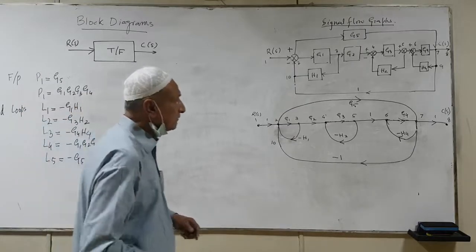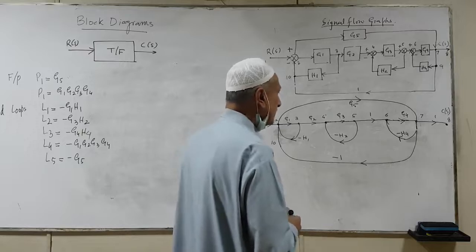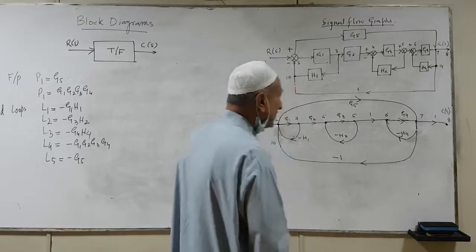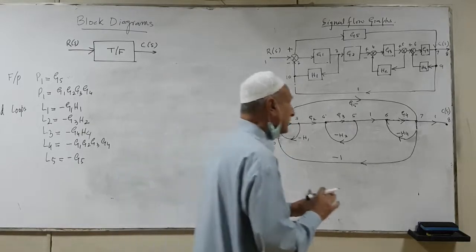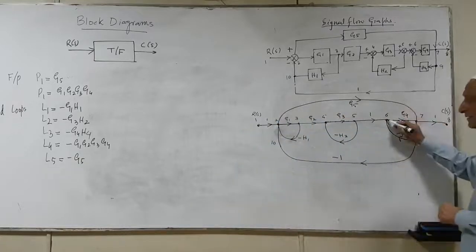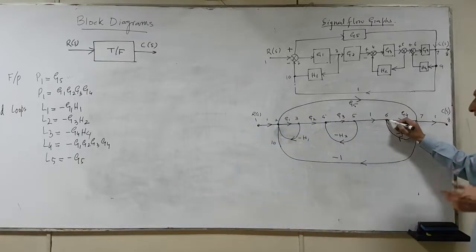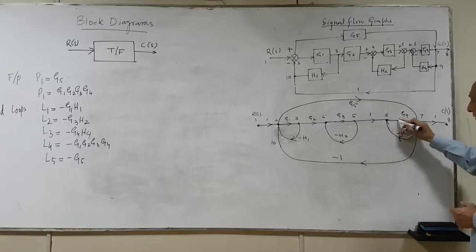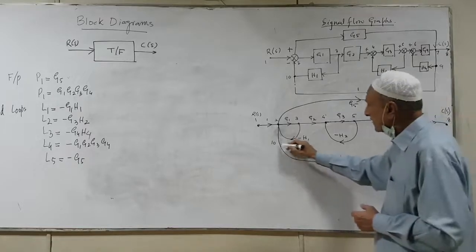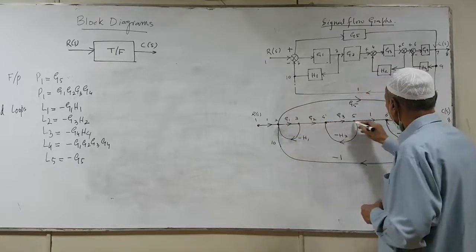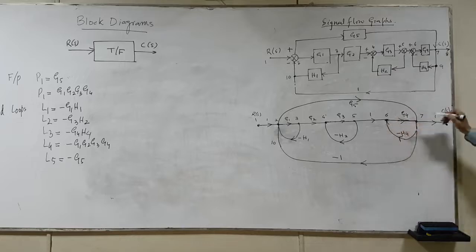Now let's have a look at the possibility of another loop. In fact, I don't see another one, because remember one thing. If you start from here, somebody may choose this one as a loop. Have a look at this loop. You go through this one and you end up at the same point.